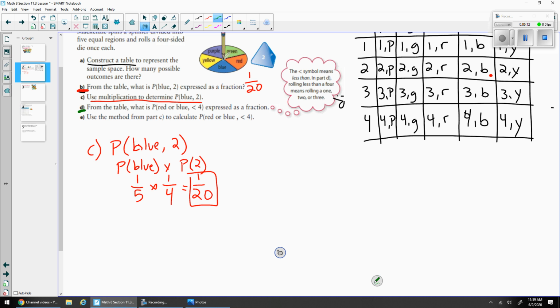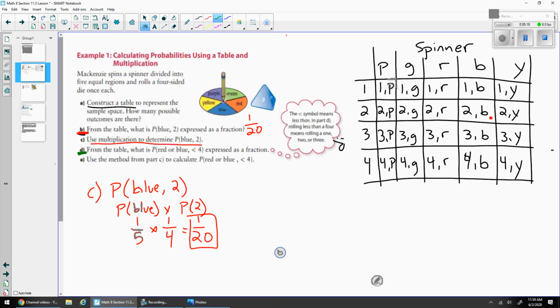I'll use green here. From the table, what is the probability of red or blue, so either one of those is favorable, if it's with a number less than 4? So this symbol is less than. So red with a number less than 4, so red and 1, red and 2, red and 3 are all favorable.